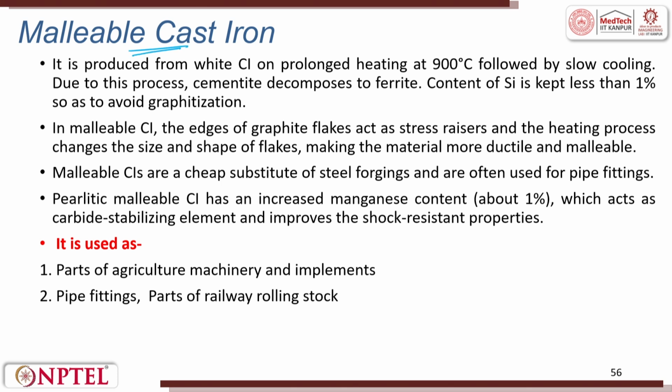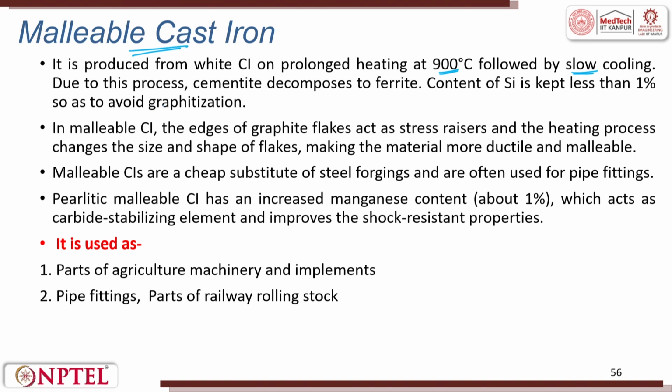It is produced from white cast iron, that is the source, on a prolonged heating at 900 degrees Celsius followed by a slow cooling. So, you have already formed a white cast iron, wherein you have not given enough time for the carbon to move and then form graphite. Now, what you do is you take that and do a prolonged heating up to 900 degrees Celsius and then a slow cooling.